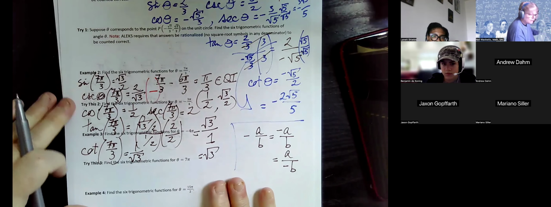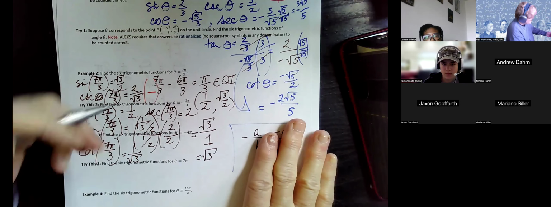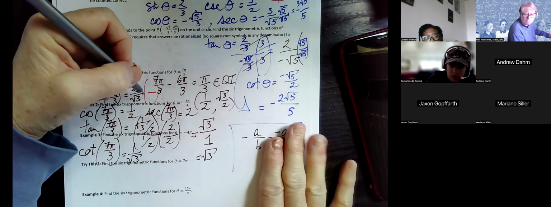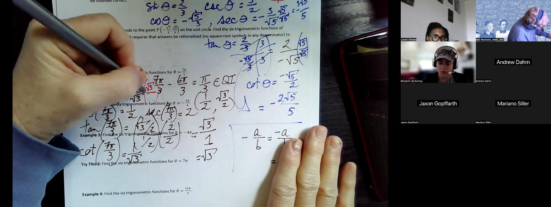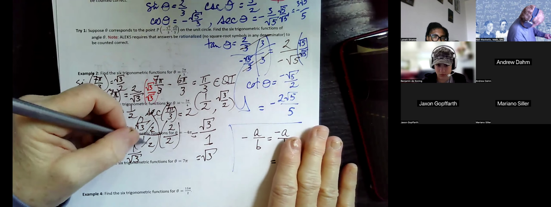And which ones do we have to rationalize if we live in an Alex world? We'll have to rationalize cosecant. We'll have to rationalize cotangent, and I think that's it. That's it. That's right. Beautiful. And what do we multiply to rationalize the cosecant? Square root of 3. And what about cotangent?